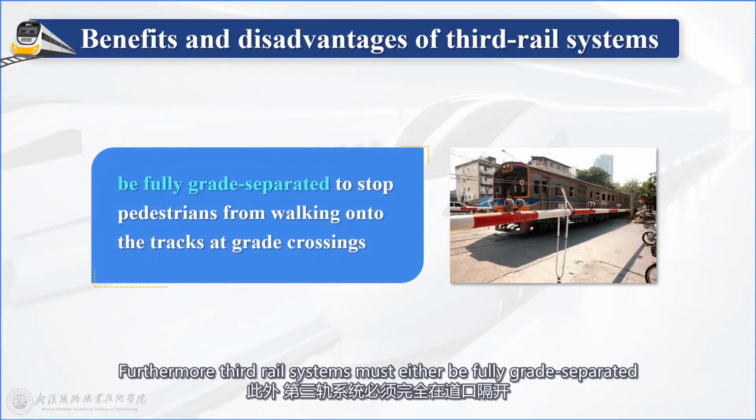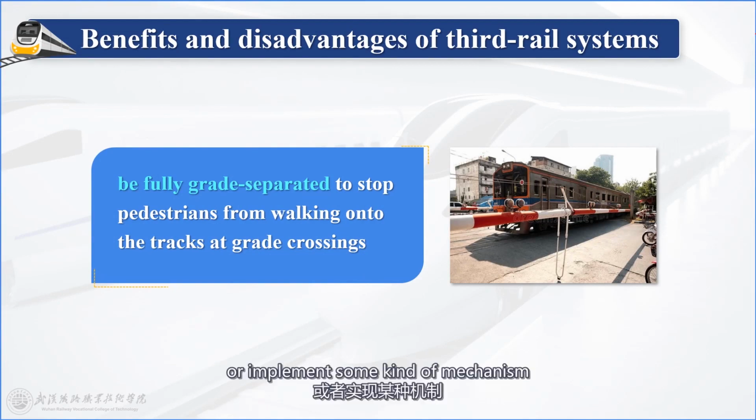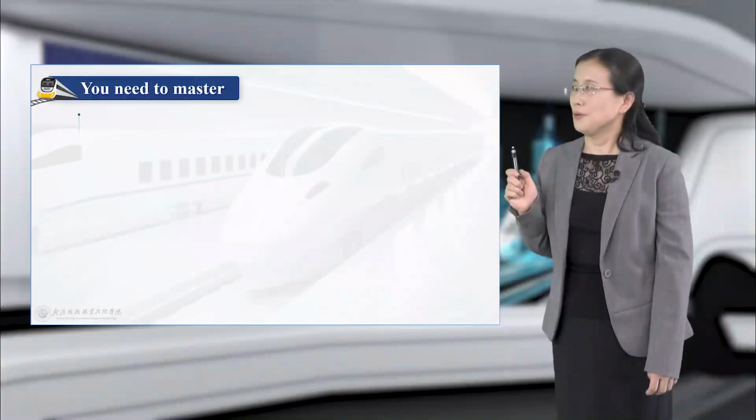Furthermore, third rail systems must either be fully grade separated or implement some kind of mechanism to effectively stop pedestrians from walking onto the tracks at grade crossings.